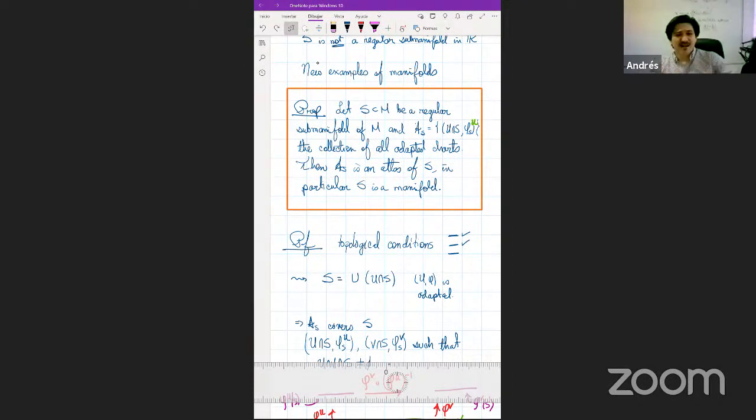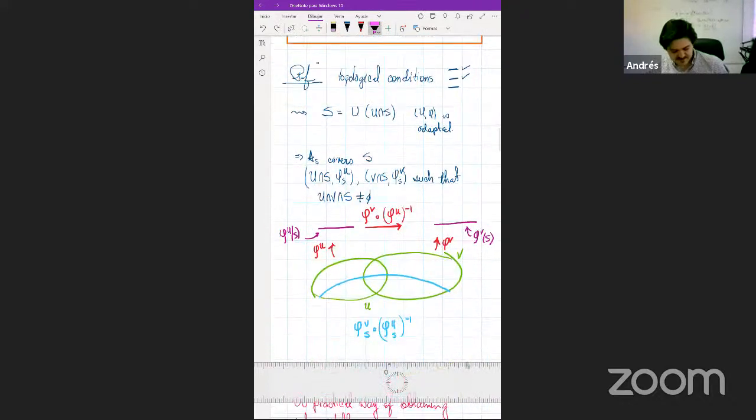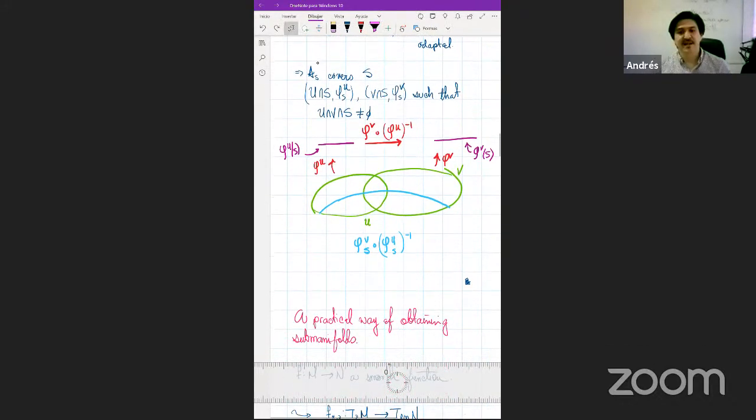But so far, maybe we have to run into the same trouble. But there is a very nice way of creating regular submanifolds. And this is what we're going to see now. And it is related to smooth functions.